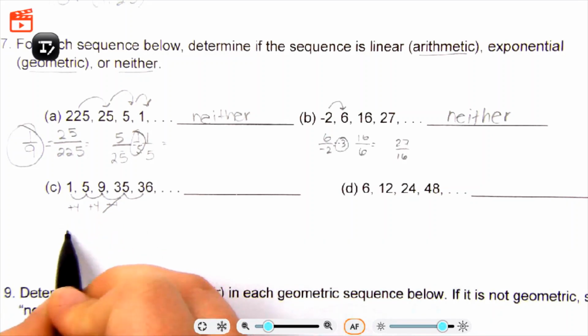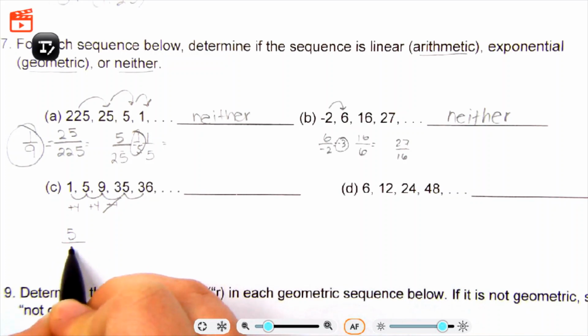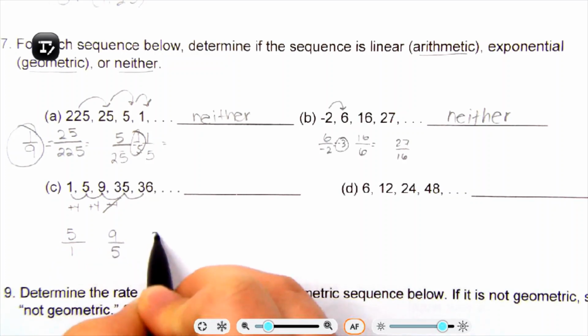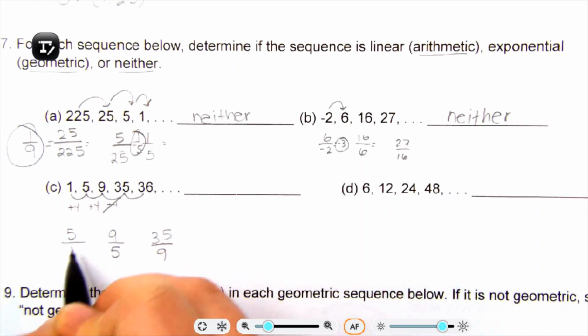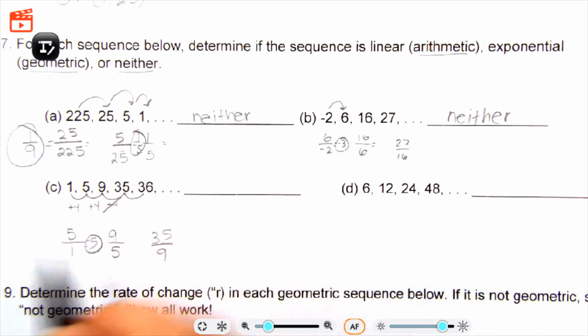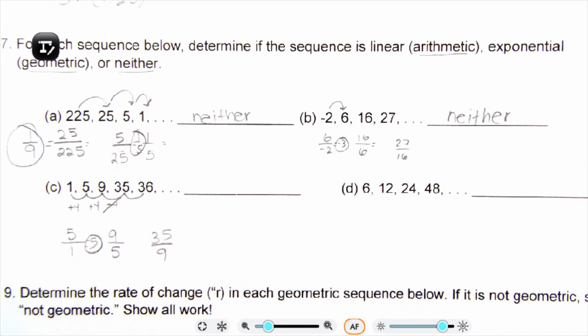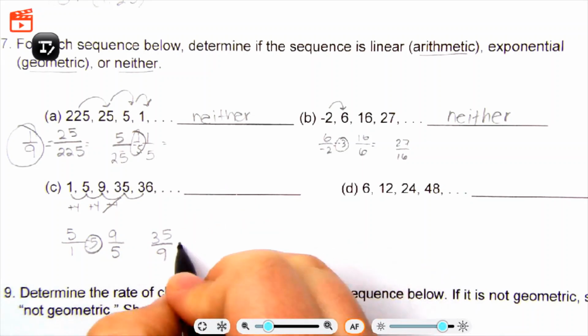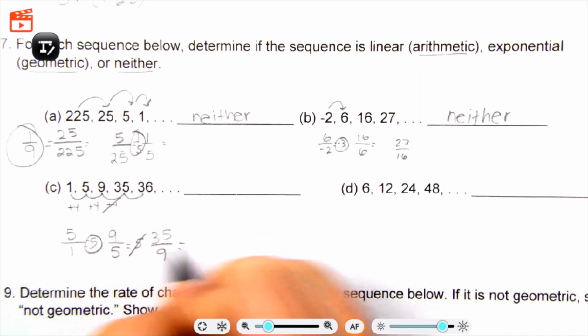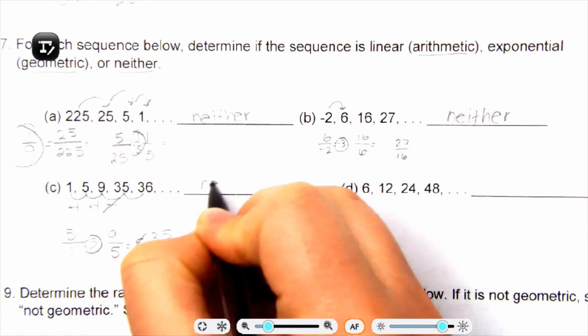Let's see if it's geometric. 5 divided by 1 is 5, 9 divided by 5, and 35 divided by 9 is also definitely not 5. So it's neither.